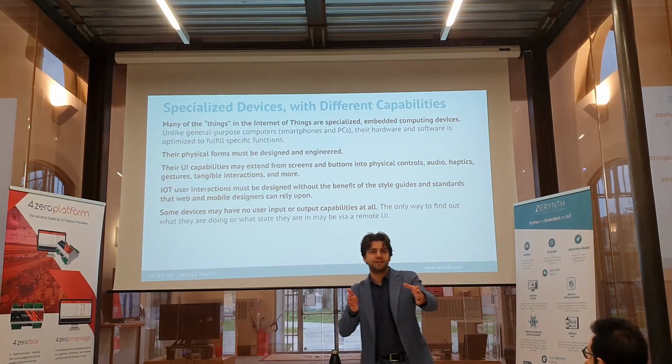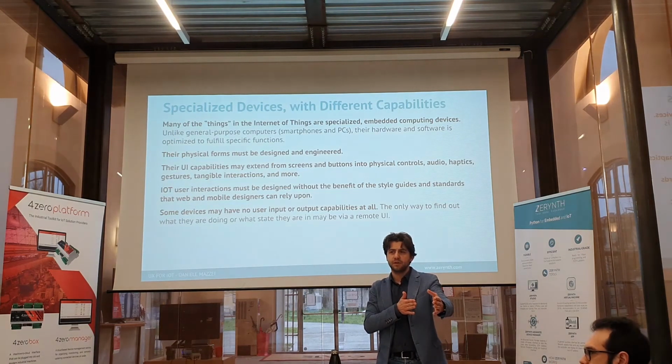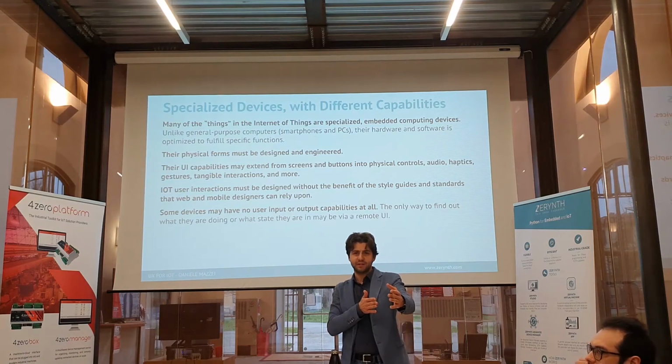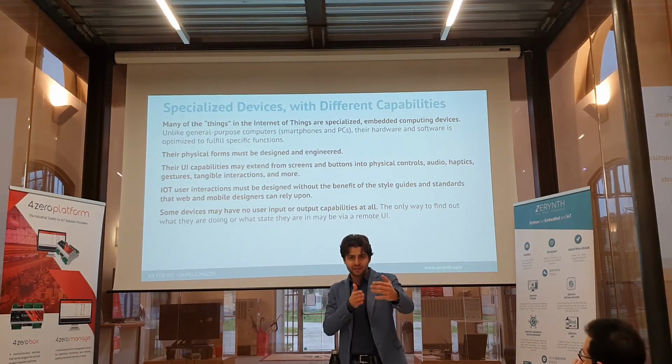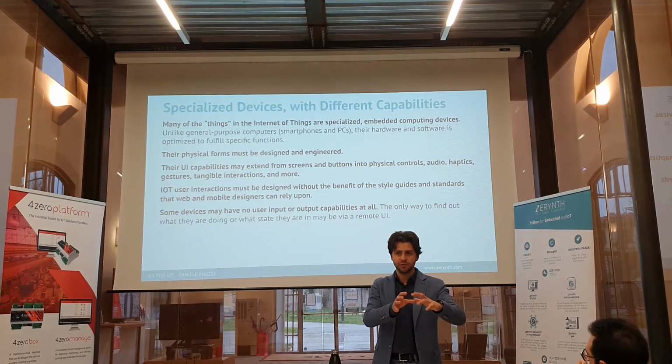If you want to design good internet connected devices, you have to go back and start taking into consideration how the physical shape influences the use of a device, because you are going to work with physical devices.